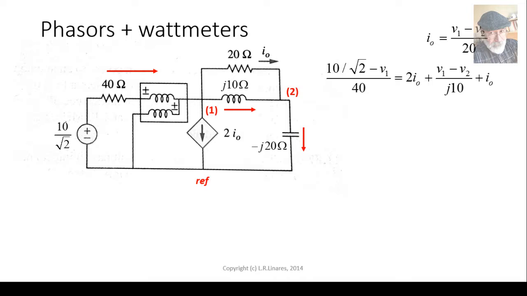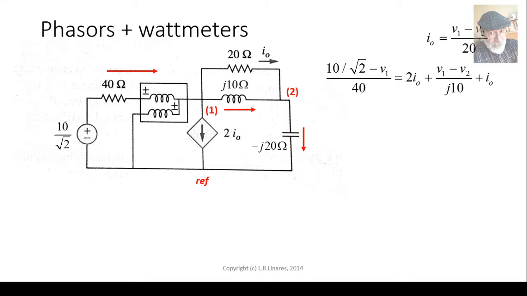It is the voltage of the source, 10 over root 2, minus V1, because the wattmeter has no voltage drop in it, divided by 40 ohms. That current going into node 1 is equal to 2 I naught going downwards, plus V1 minus V2 over j10, plus I naught.